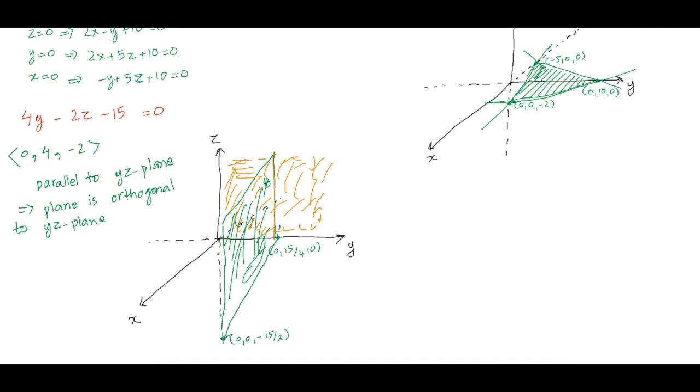You can see that this is coming out of the page and this is on the y-axis, so that's why we can say this is orthogonal to this plane. So this is the plane we get for this equation.